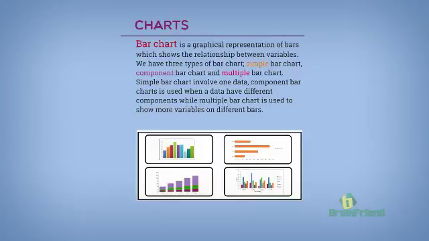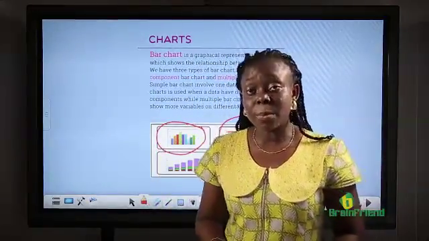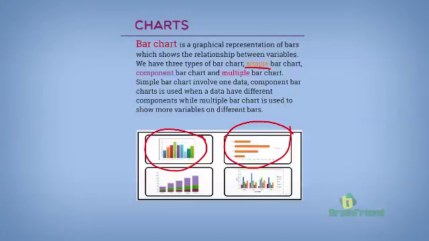A bar chart could be represented horizontally like this or vertically like this. And we have 3 basic types of bar charts: the simple bar chart, the component bar chart, and the multiple bar chart.